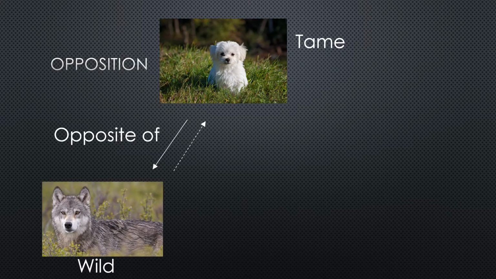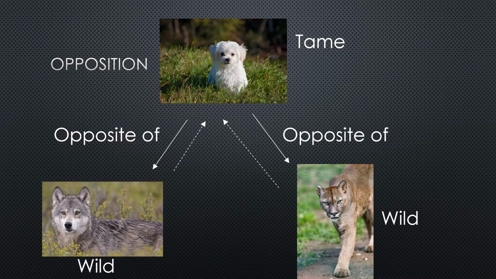So in this case, the learner must already be able to respond with regards to a dog being tame and a wolf being wild. We could then teach that wild is the opposite of tame, and vice versa, with specific examples of a wild animal and a tame animal. If we add additional stimuli to this relational network, then the transitive emergent relation would actually be that the wild animals are the same with regards to their wildness.